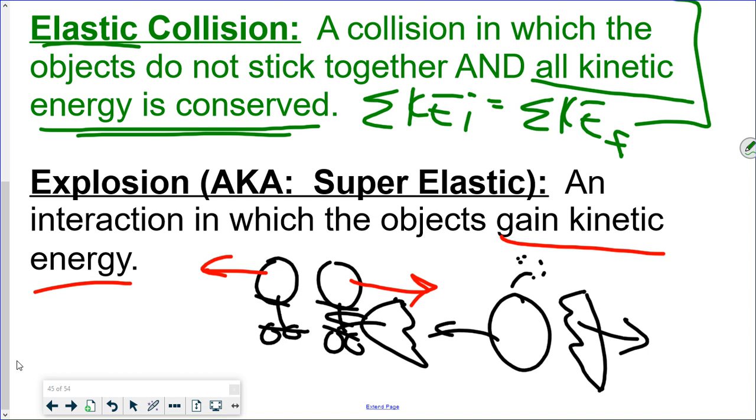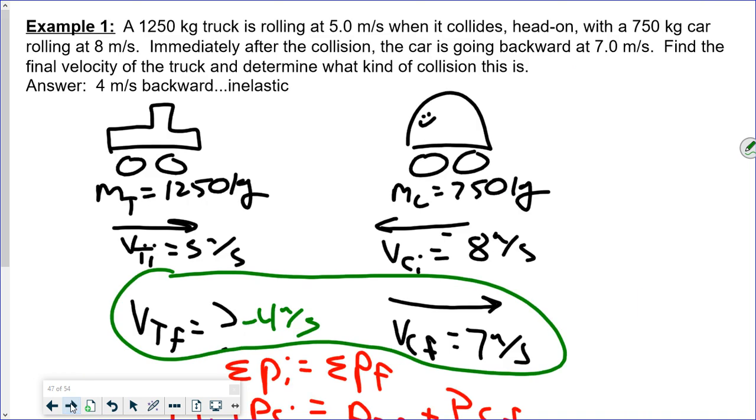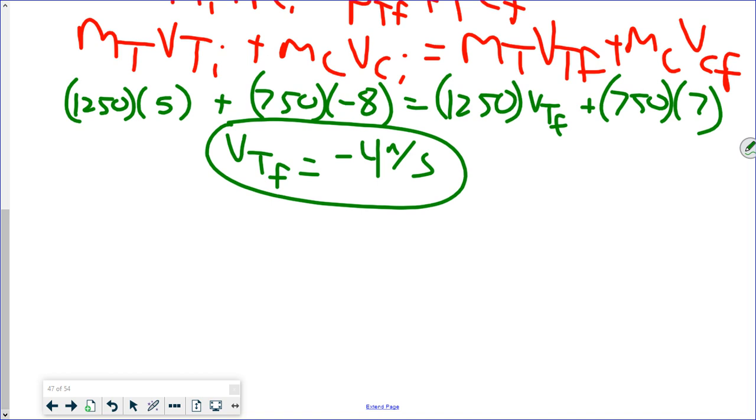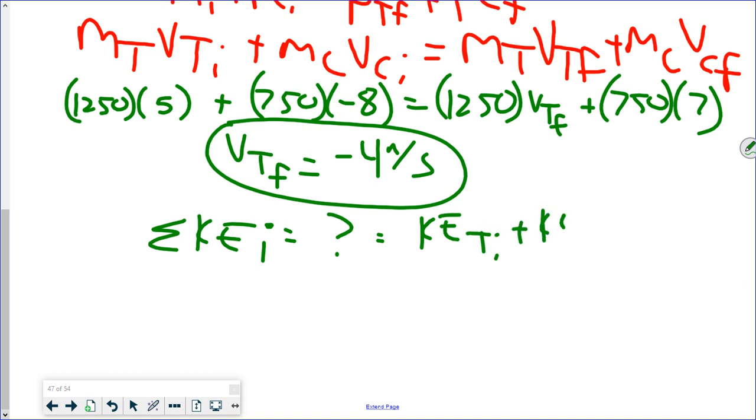First of all, decide if they stick together. If so, it's completely inelastic. If not, you have to see what happened to your total kinetic energy. We went through this calculation at the end of the last video, so I'm going to skip that here. But what you would do is find the total kinetic energy before the collision, in other words, the kinetic energy of the truck plus the kinetic energy of the car.